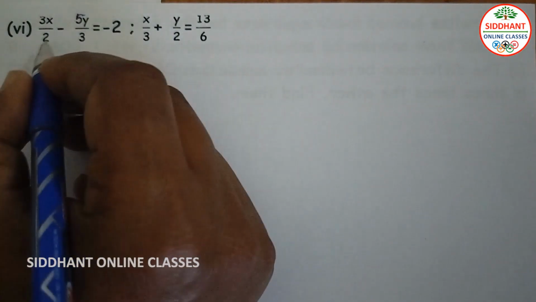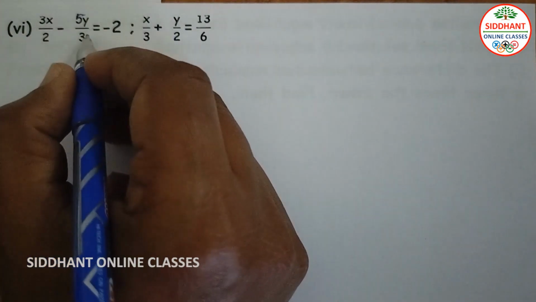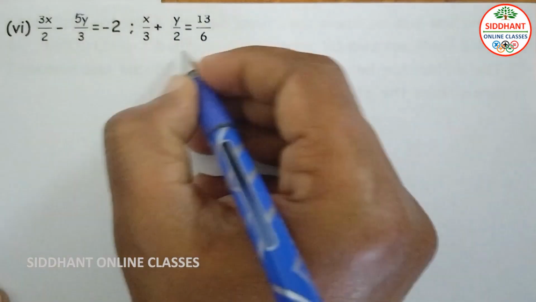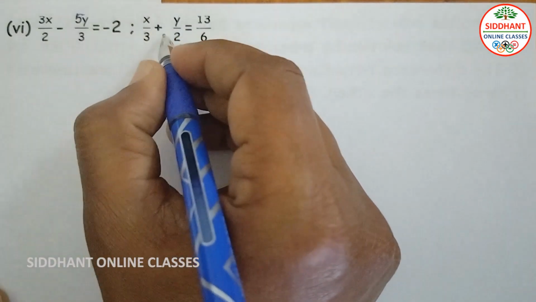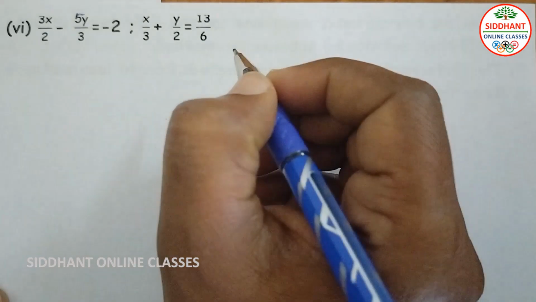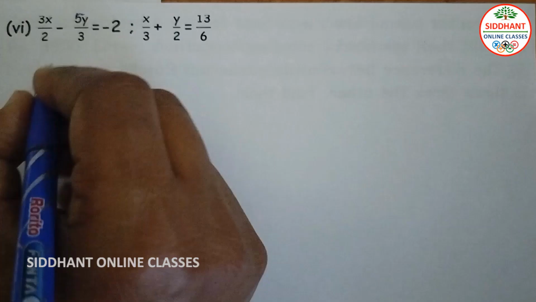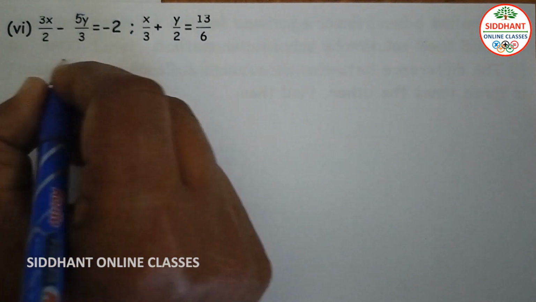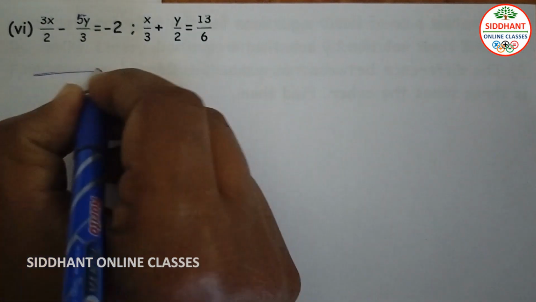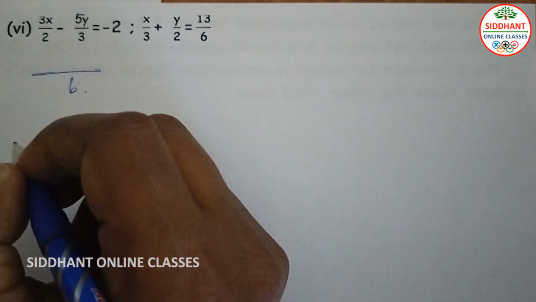Question number 6. 3x by 2 minus 5y by 3 equal to minus 2. 3 by x by 3 plus y by 2 equal to 13 by 6. So here we are going to take LCM here. So we get 6 here.